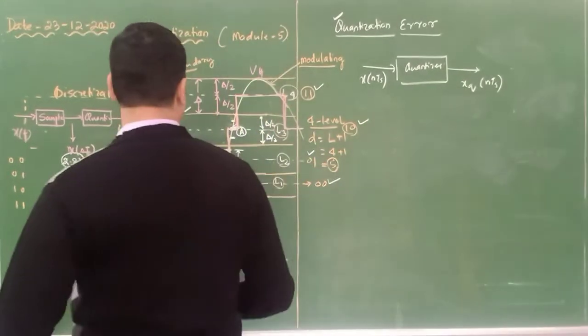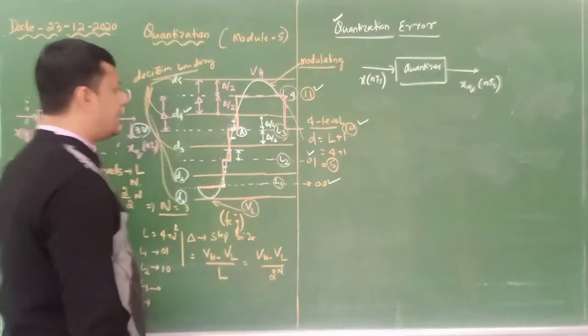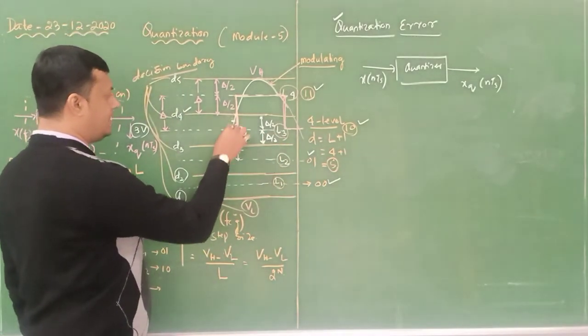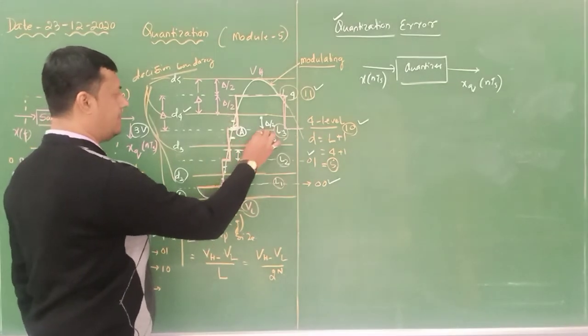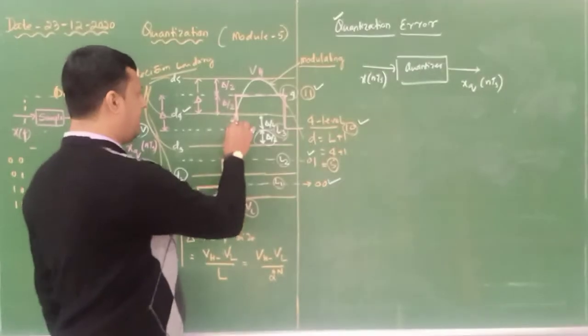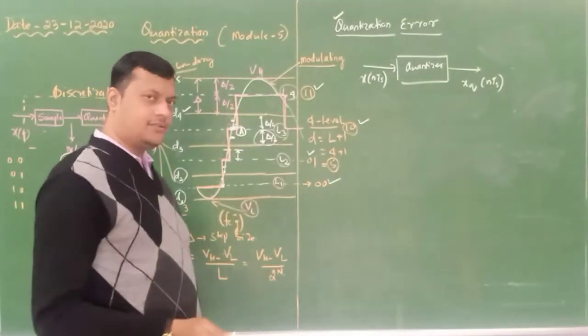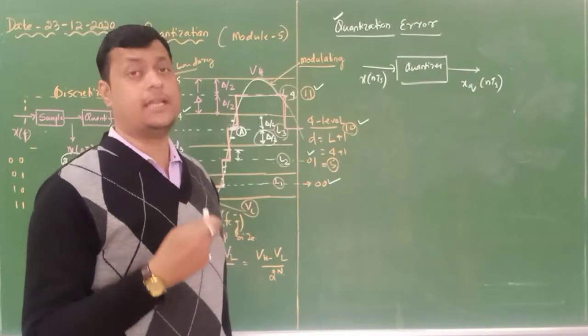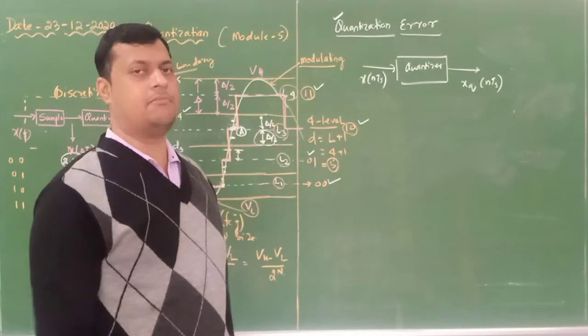So maximum quantization error, as you can see, if it falls within these two particular ranges, the difference is del by 2. But if it falls in this particular range, then also it is del by 2, because step size remains constant between the levels and the decision boundary.